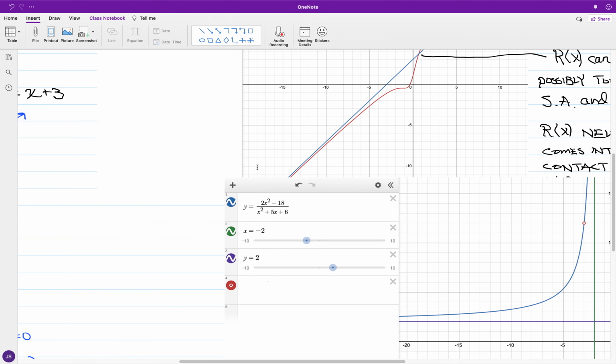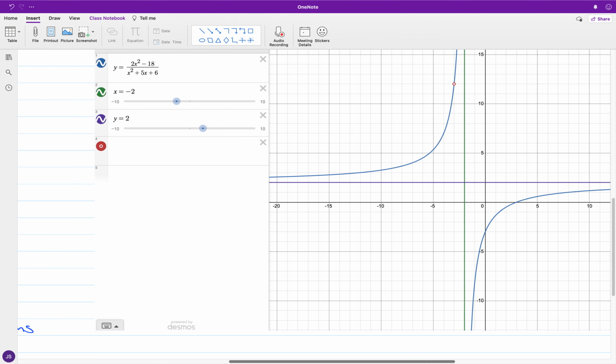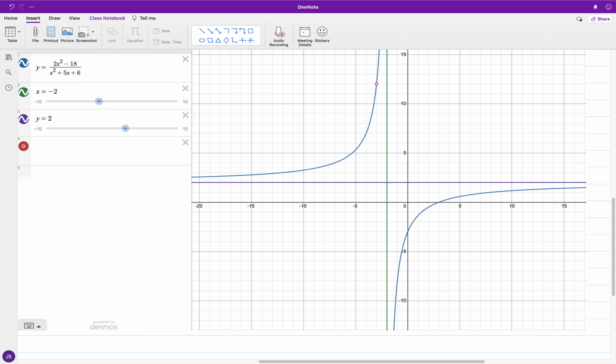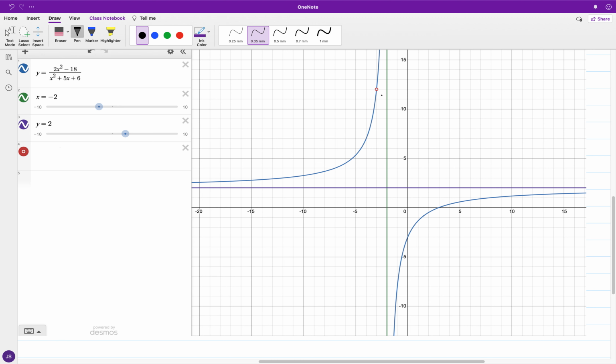You have these blue curves over to the left and over to the right, so r of x is broken up into these two sections. And for what looks like a plus sign formation, we have the vertical line, which is the vertical asymptote x is equal to -2, and the horizontal line running continuously from end to end is the horizontal asymptote, which we have at y is equal to 2. And again, we have a hole in the graph at x is equal to -3.